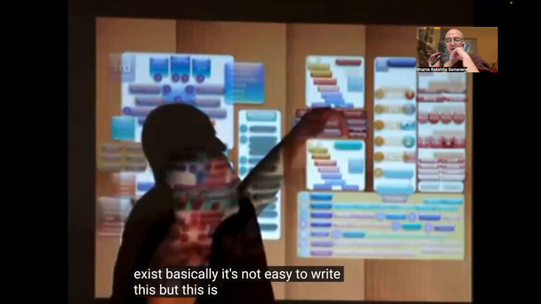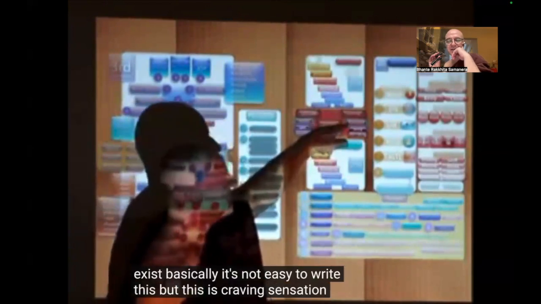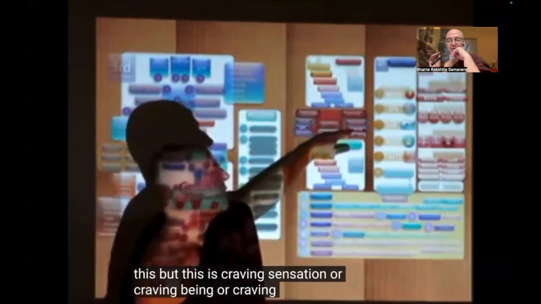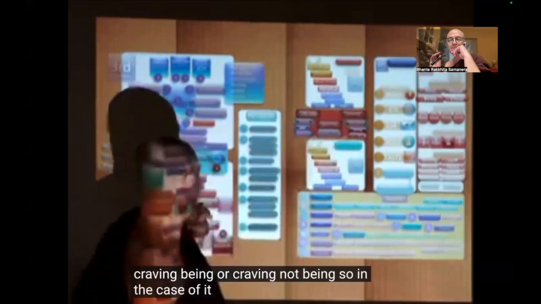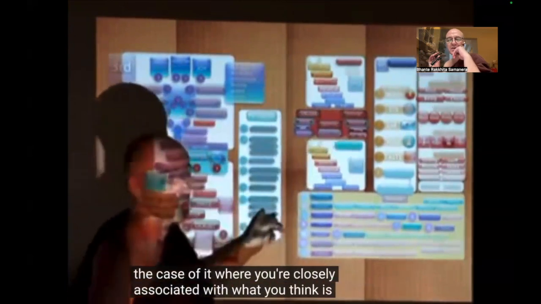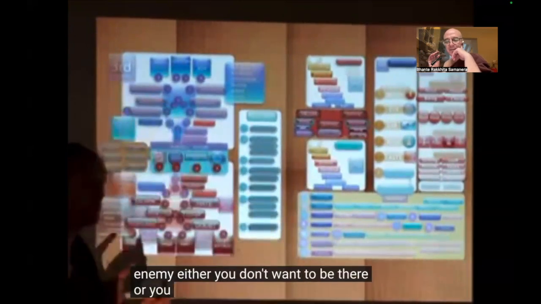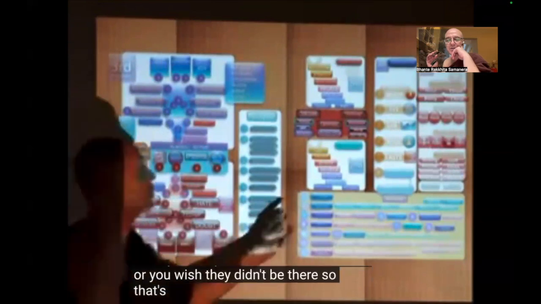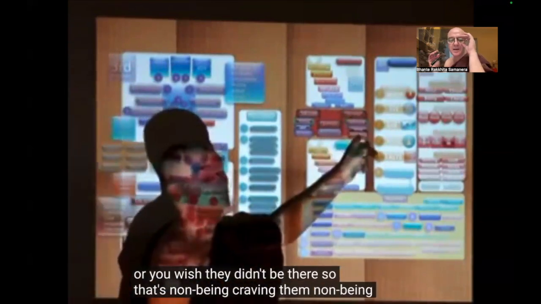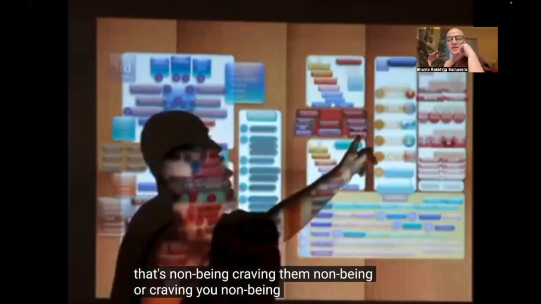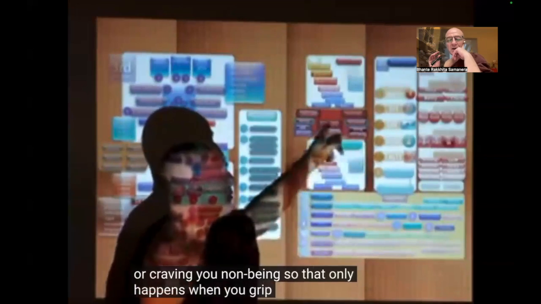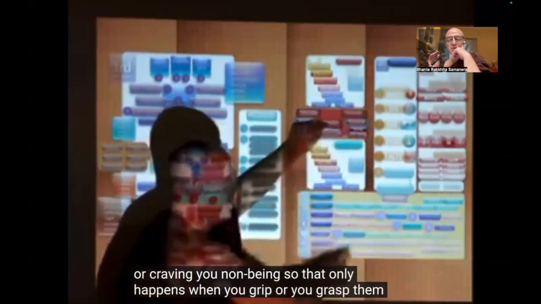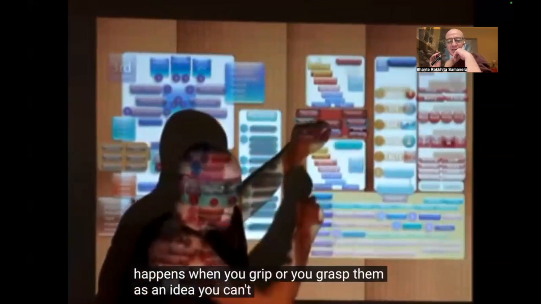Basically, it's not easy to write this, but this is craving sensation, or craving being, or craving not being. So in the case where you're closely associated with it, or you think of them as an enemy, either you don't want them to be there or you wish they weren't there. So that's craving non-being, or craving you non-being. That only happens when you grip or grasp them as an idea.